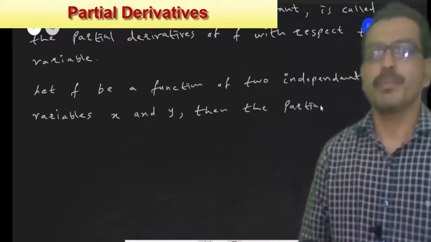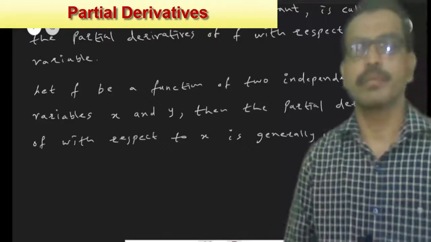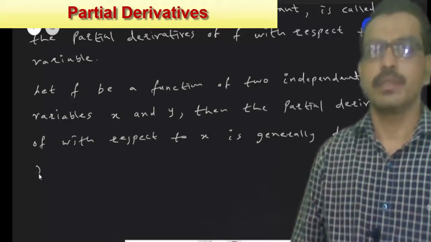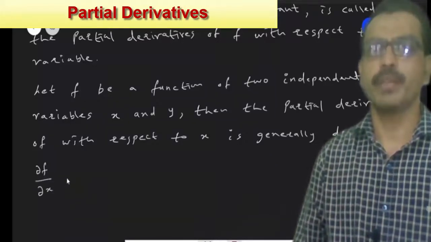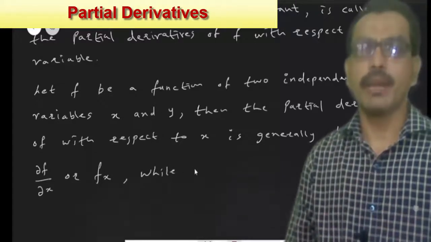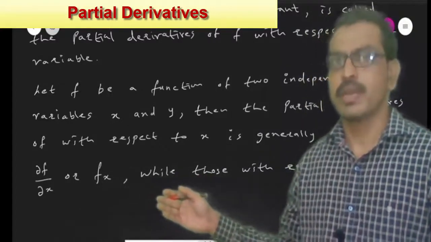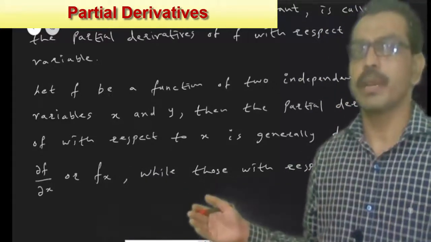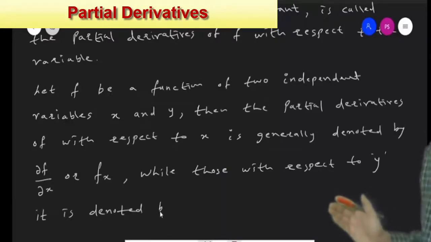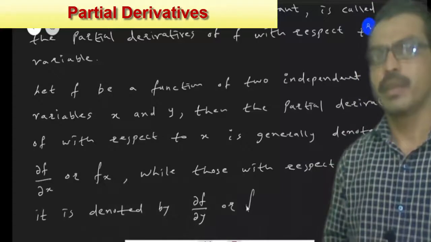Then the partial derivative of the function f with respect to x is generally denoted by del f upon del x, or f sub x, and the partial derivative of the function f with respect to y is denoted by del f upon del y, or f sub y.